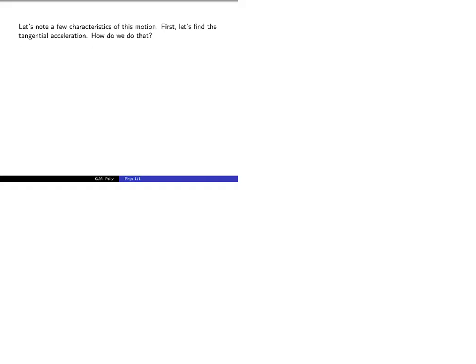Well, first let us check if there is any tangential acceleration. How can we check? Well, the tangential acceleration is parallel to the velocity. So we simply need to find the component which lies along the direction of the velocity. v hat here is a unit vector that points in the direction of the velocity, and we can get it by taking the velocity vector divided by the magnitude of the velocity.